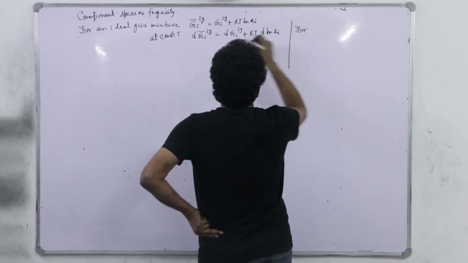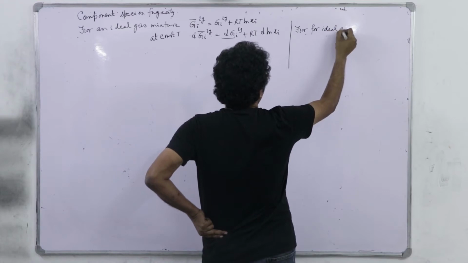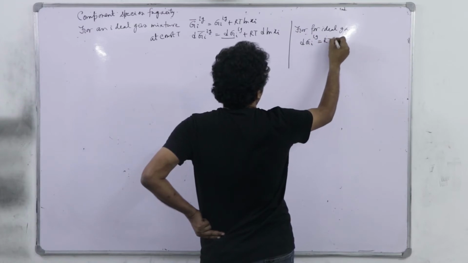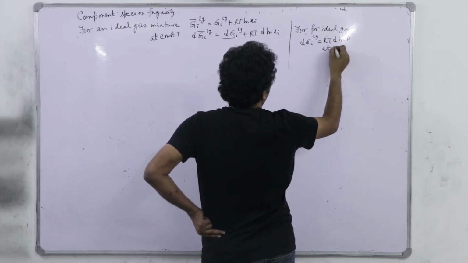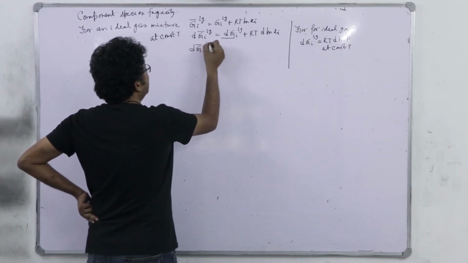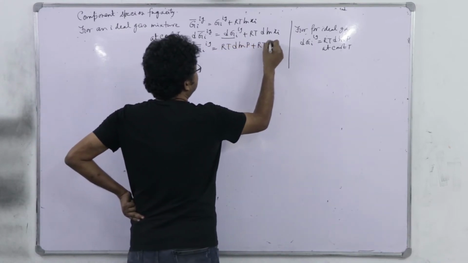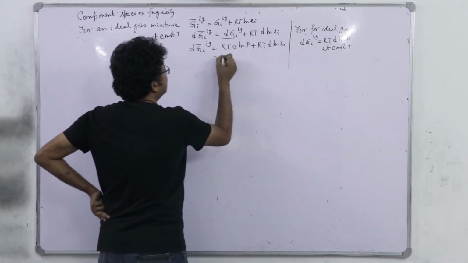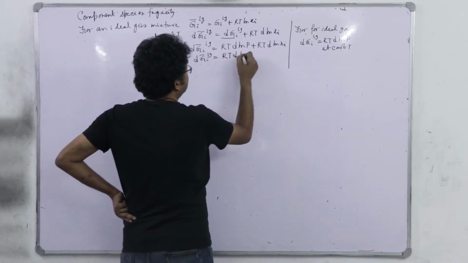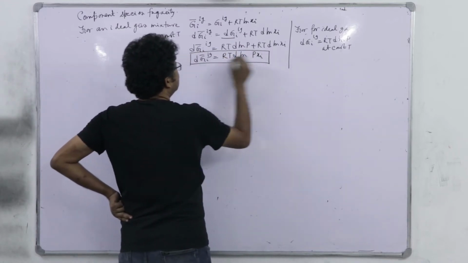Now, for pure ideal gas species we know that dGi ig is equal to RT d ln P at the same constant temperature. So we replace it and we get dGi bar ig equal to RT d ln P plus RT d ln xi, resulting in RT d ln Pxi. Let us say this is equation 1.